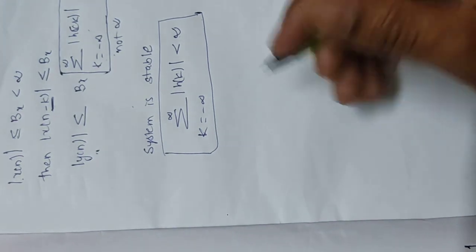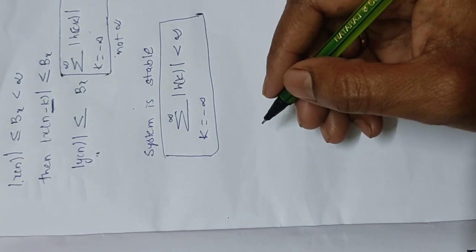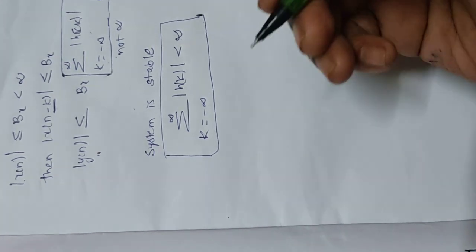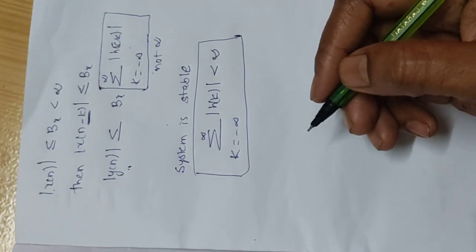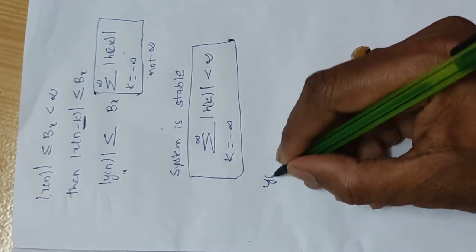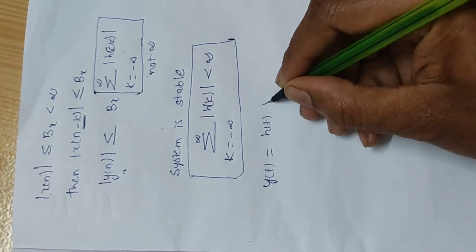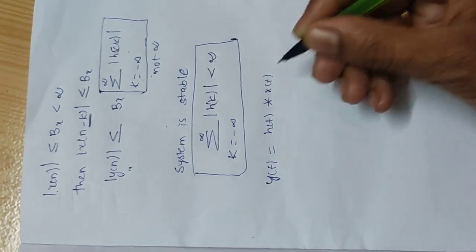Okay, the same concept can be extended to continuous time LTI systems. That means y of t is equal to h of t convolved with x of t.